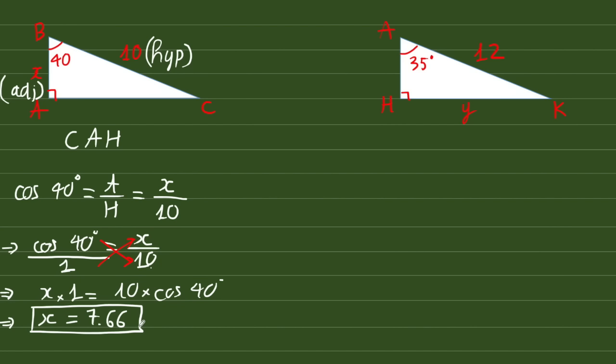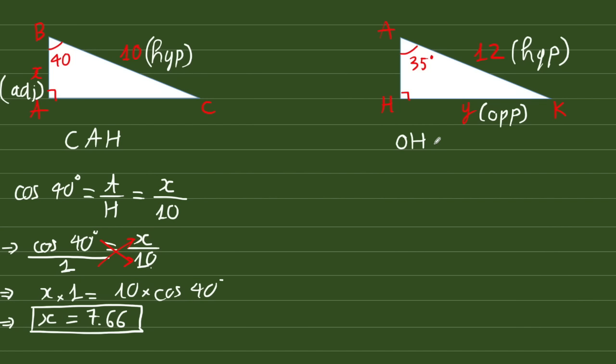Okay, how about the other one? For this triangle, you have AHK and the measure of AK is 12. This angle is 35 and this side is y, and of course you have to find the value of y. The position of y is opposite, and 12 is the hypotenuse, so you have O and H. SOHCAH, only SOHCAH.